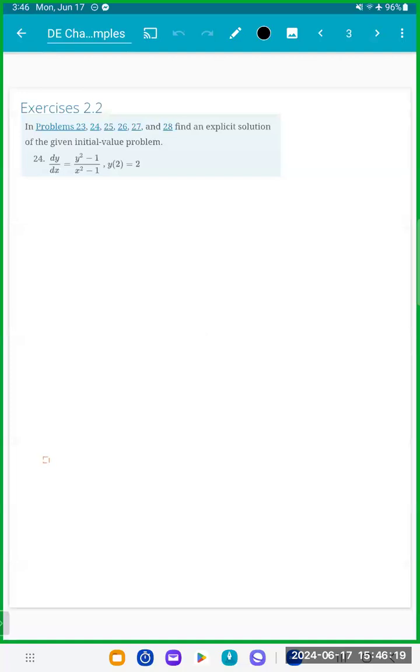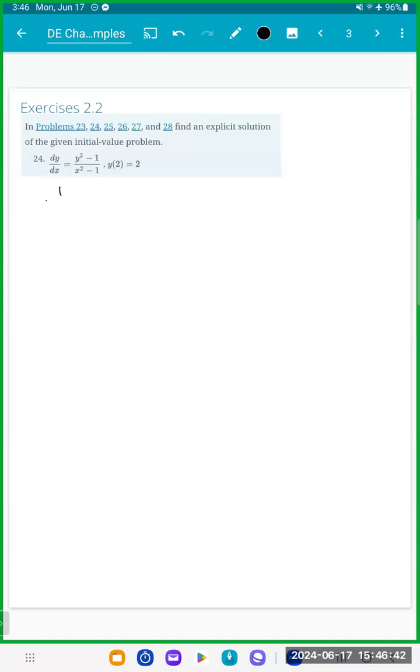Let's go ahead and rewrite this. Let's put it where all of our y stuff is on the left-hand side and all of the things with an x are on the right-hand side. So we're really just going to move this to this side and the dx to this side. Okay, so that's really all we're doing in this first step.